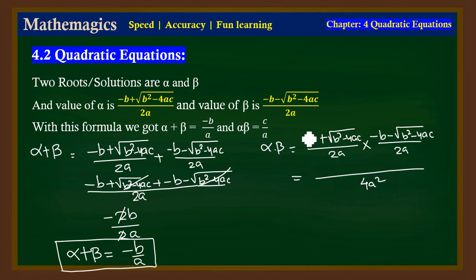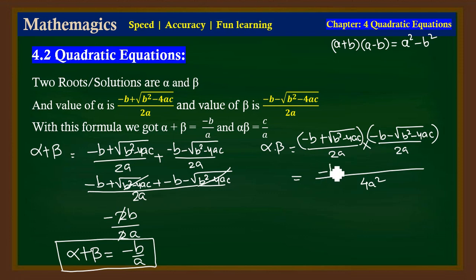In the numerator we use an identity that we learned in class 9, that is a plus b into a minus b is equal to a square minus b square. We are going to use the same formula, considering minus b as a and root of b square minus 4ac as b. So a plus b into a minus b is equal to a square minus b square.